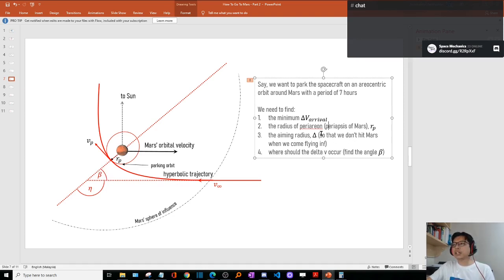And then the aiming radius, delta. I'm sorry I have to use delta again, not to confuse you, because we are using so many Greek letters and Roman letters.